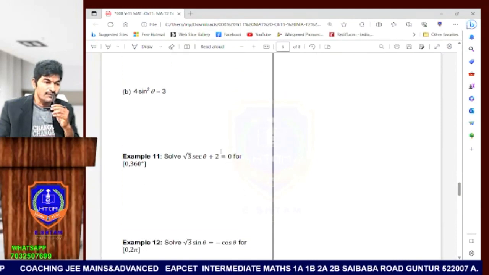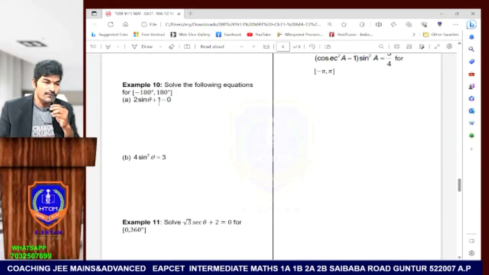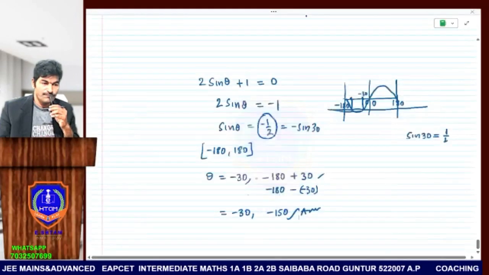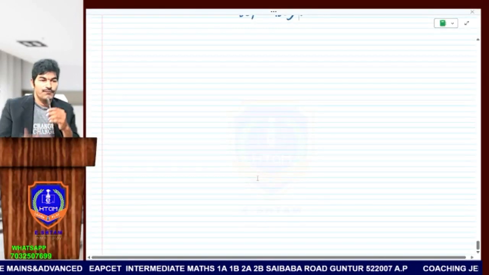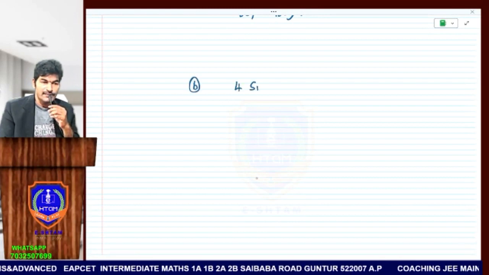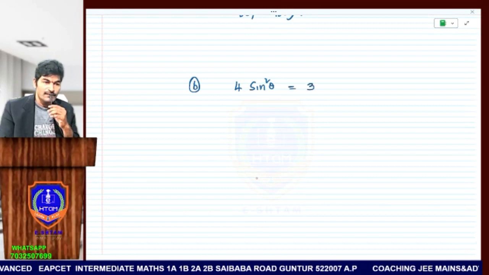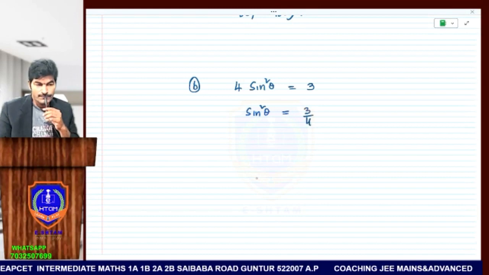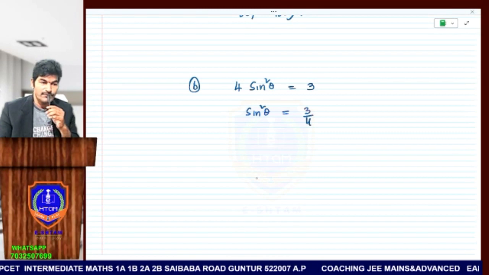And the next question is, you have to find the solution in the same range. 4 sine square theta is 3. So therefore write down sine square theta equal to 3 by 4.